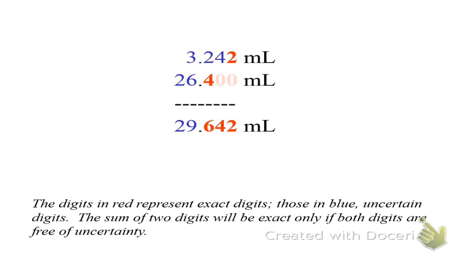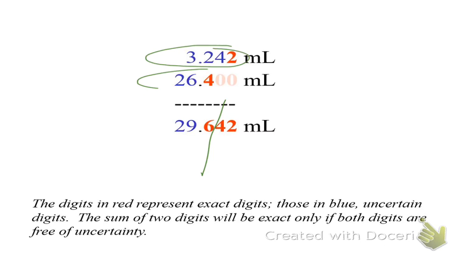So basically you end up with 29.642, okay? You can only have one uncertain digit. So we have to lop it off right here, don't we? Which, by the way, is the fewest number of decimals in the things that we were adding.